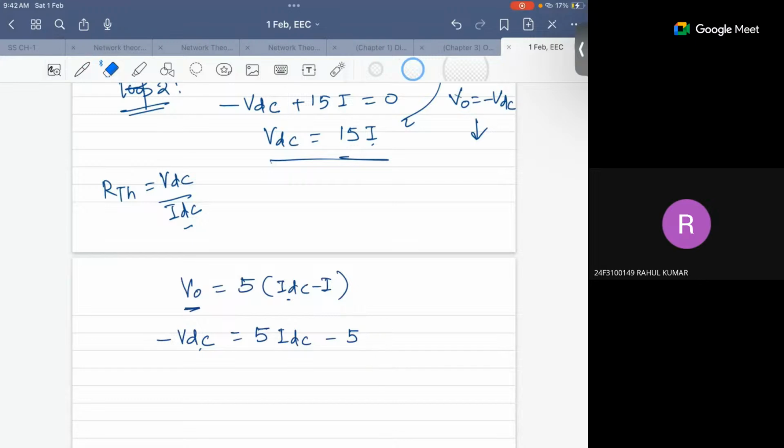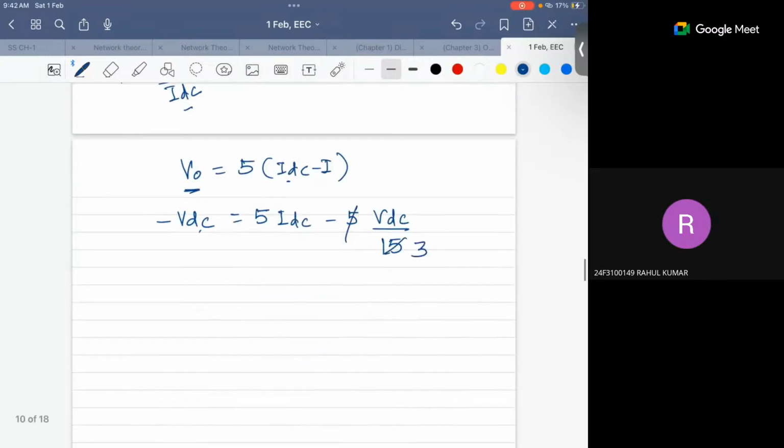Now the whole equation got converted, so I equals VDC upon 15, and you can just move it here.